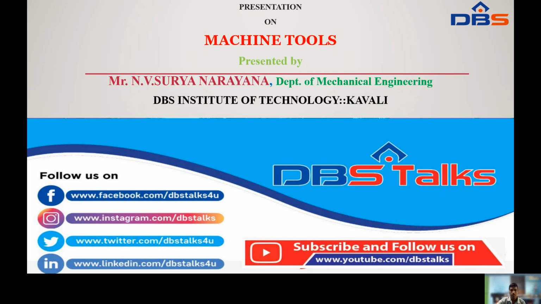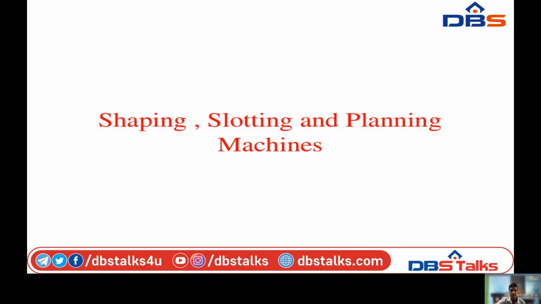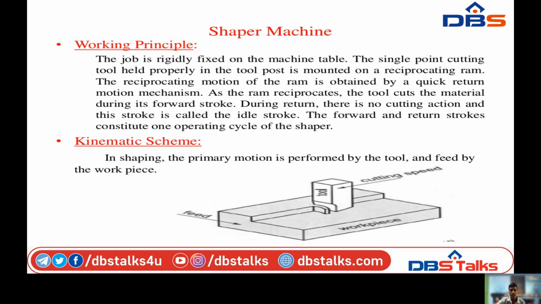First of all, we are continuing with the presentation on the machine tools subject, Unit 3, named shaping, slotting, and planing machines. First, we discuss the shaper machine and what shaping is.